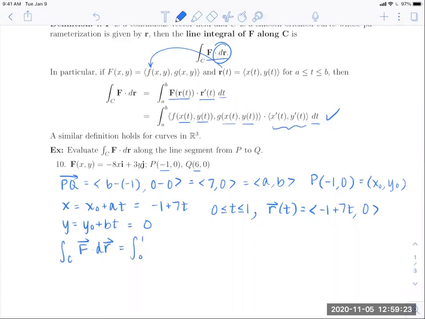Next, I want to plug my parametric functions into my vector field. I'm going to take this component for x and plug that in wherever I see an x, and wherever I see a y, I'm going to plug in 0.